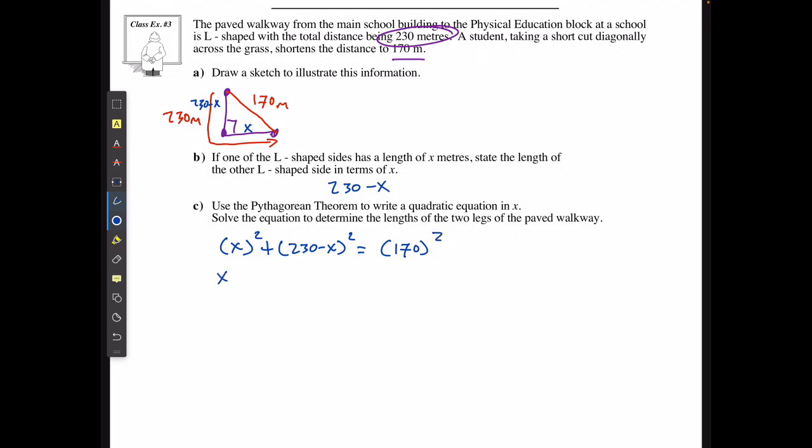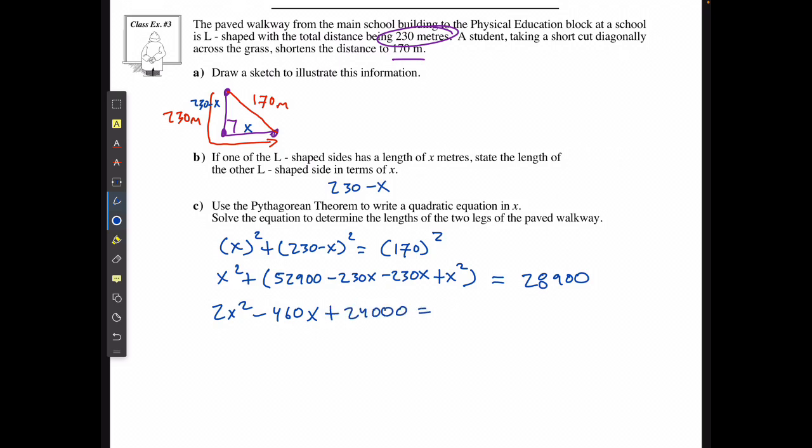Which means that x squared plus 52,900 minus 230x minus 230x plus x squared is going to equal 170 squared, which is 28,900. When I move everything to the left-hand side and combine the like terms, I get 2x squared minus 460x plus 24,000 is equal to 0.